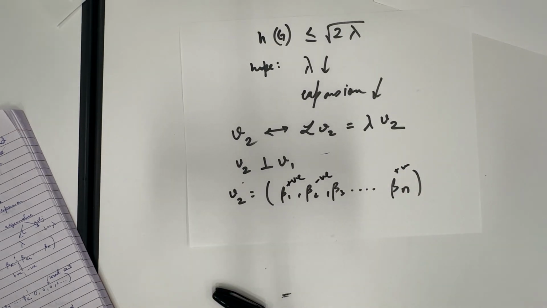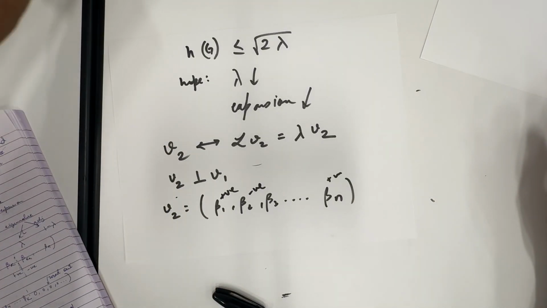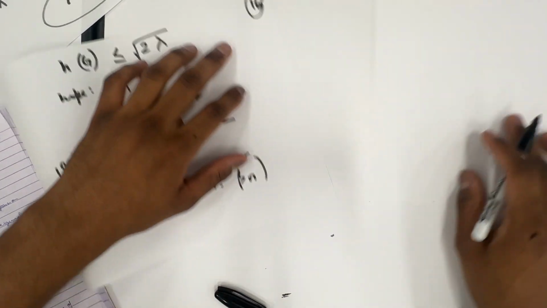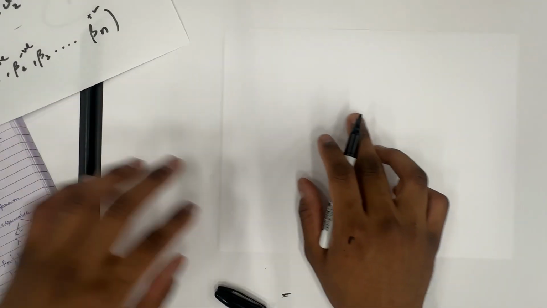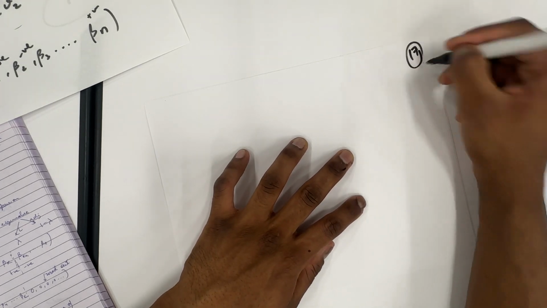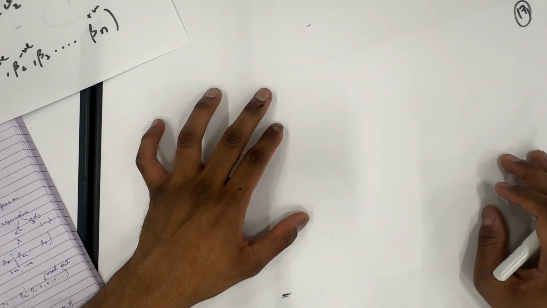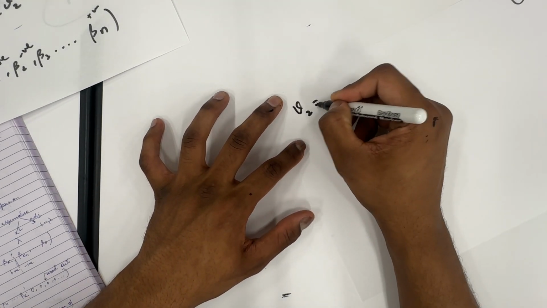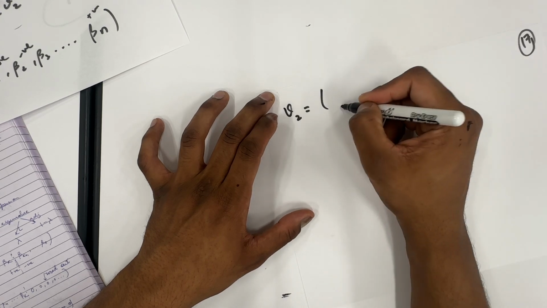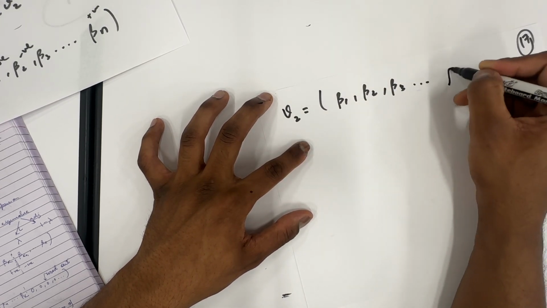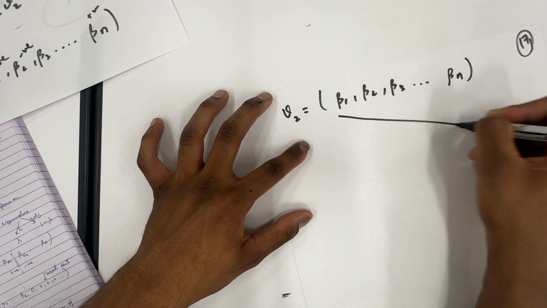Now, what I want to do is, by the magic of knowing things in hindsight, let's say I arranged my graph vertices in such a manner that my V2 was a descending vector. So beta 1, beta 2, beta 3, up to beta n were all descending.